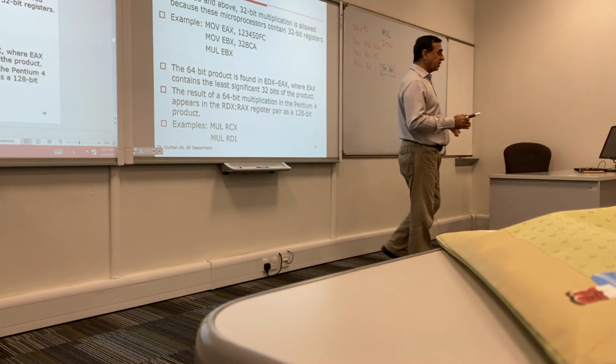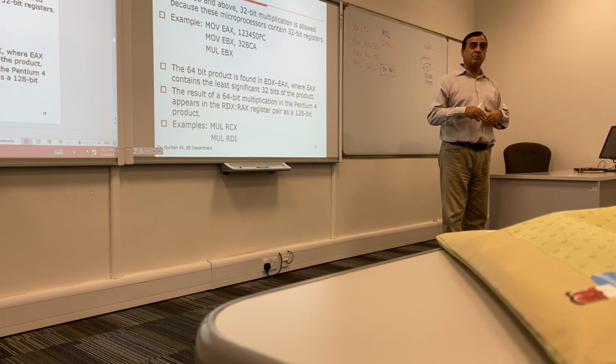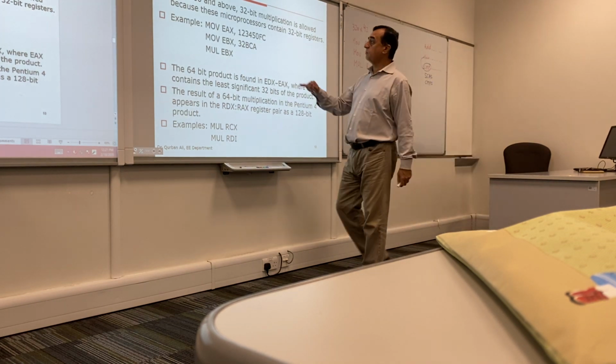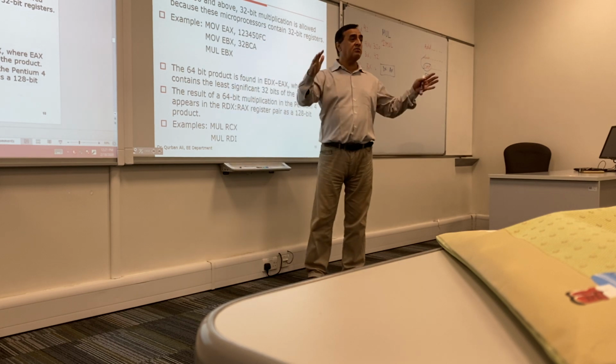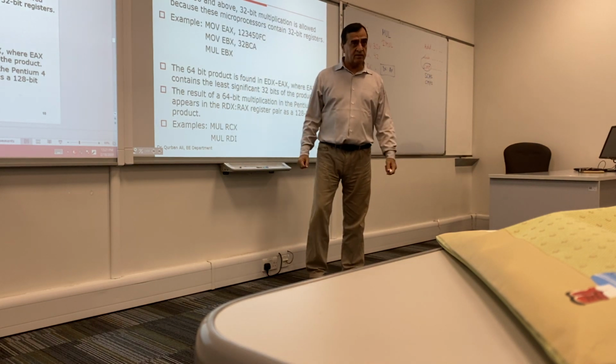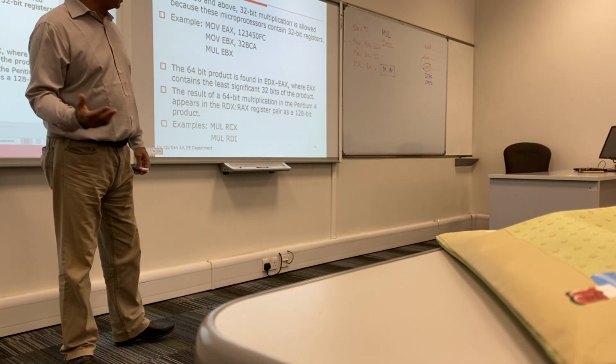So the procedure of multiplication in the microprocessor, whether real or protected mode, is the same thing. Since we are multiplying 32-bit values, the answer will be 64 bits, the double size.